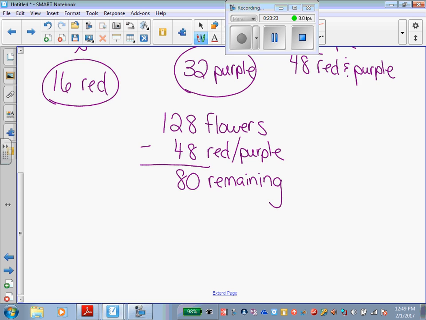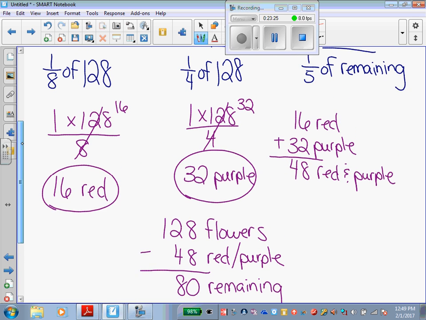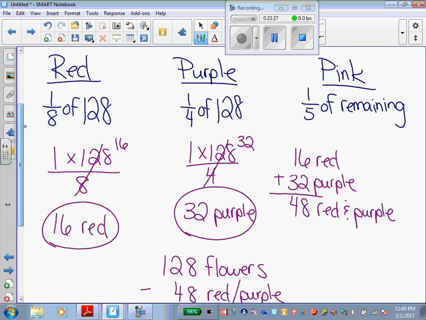Is this my answer? No. Yes. Raise your hand if you think this is the answer. Well, it's the answer because it said 1/5 of remaining, which is left over. It's 80 remaining, so 1/5. That's not your answer.